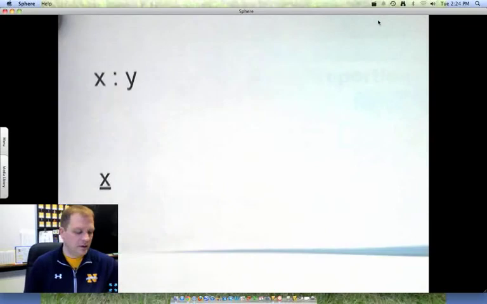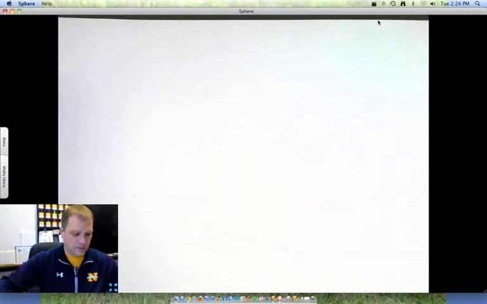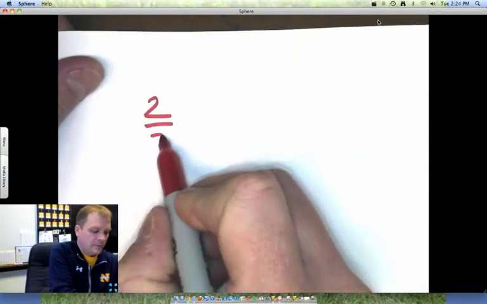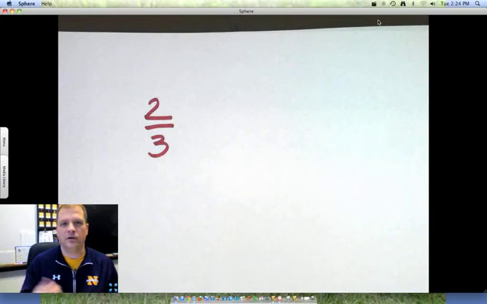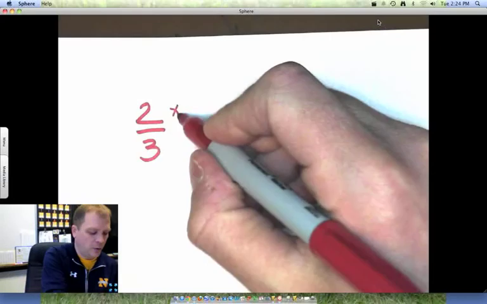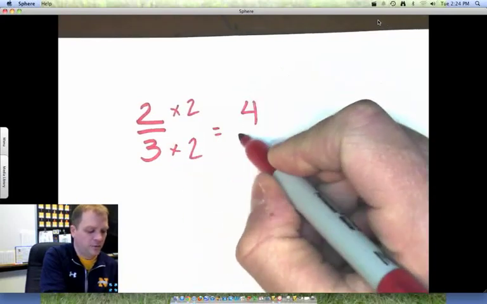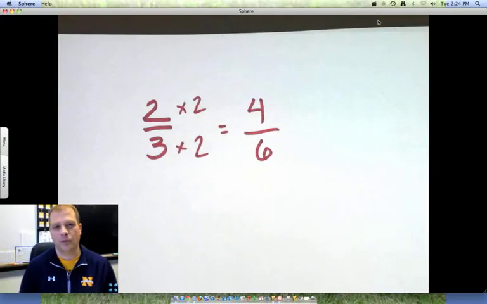So to begin, if we have a fraction such as 2/3, an equivalent fraction would mean that we would just multiply the numerator and denominator by the same number. So for example, if we multiplied both the numerator and denominator by 2, we have 4/6. The same holds true for a ratio.